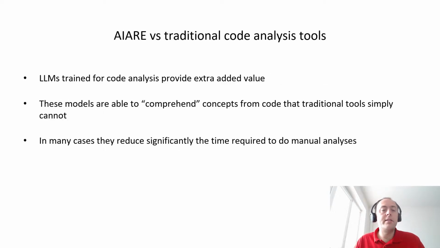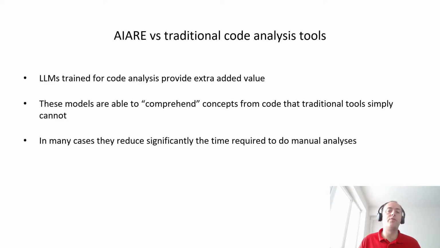And LLMs trained for code analysis, as we all understand, provide really extra added value. These models are really able to comprehend concepts from code that traditional tools typically cannot. So many of the tools that we discussed earlier cannot simply get a piece of code, reason about it, and try to find a more logical explanation of what this code does, for example.